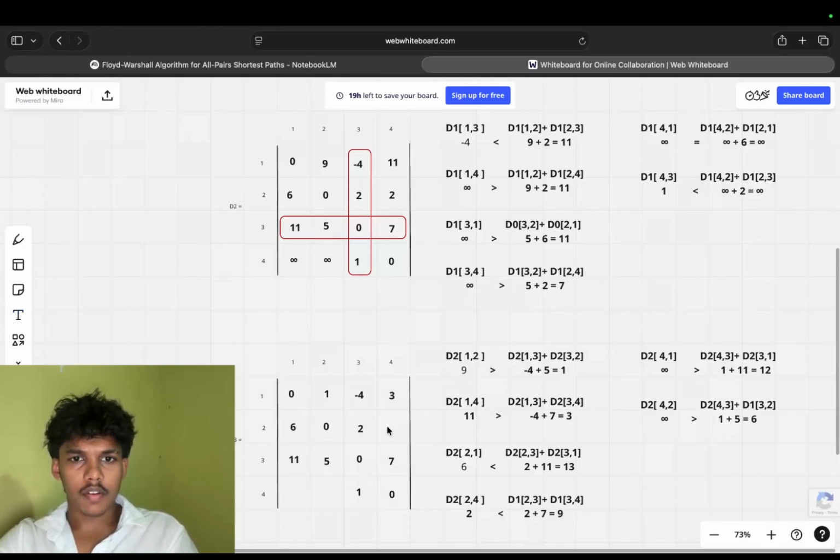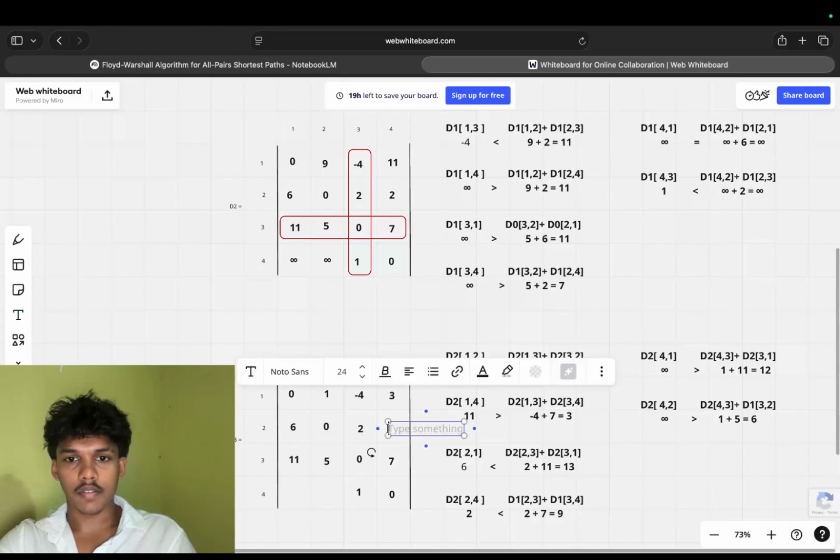Then we have to find 2 to 4. 2 to 4 is 2. Then our middle element path is 2 to 3, then 3 to 4. 2 to 3 is 2. 3 to 4 is 7. So the answer is 9. 2 is less than 9, so we will add 2 as the shortest distance.